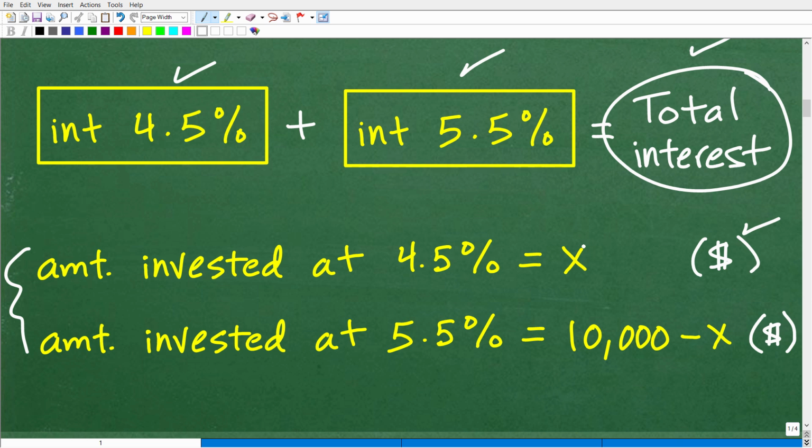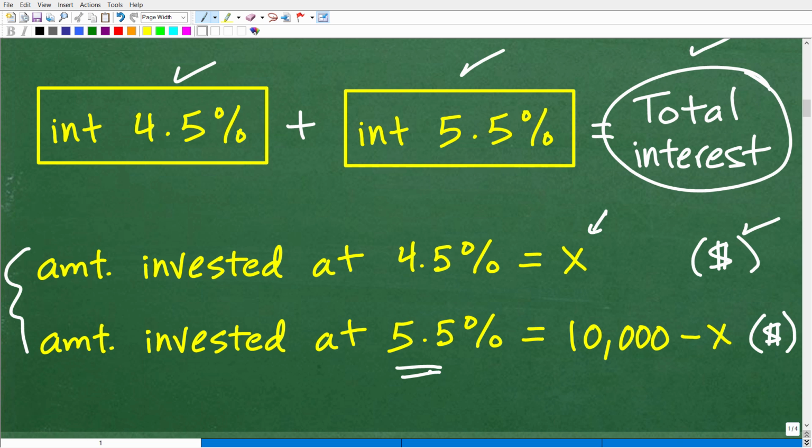Now, let's just think about this. If we had X dollars and we put it into the 4.5% account, what do we have left over to invest? Remember, we had a total of $10,000. So we have to take that $10,000 and subtract away how much we put into the 4.5% account. Whatever that is, that's how much we put into the 5.5% account.